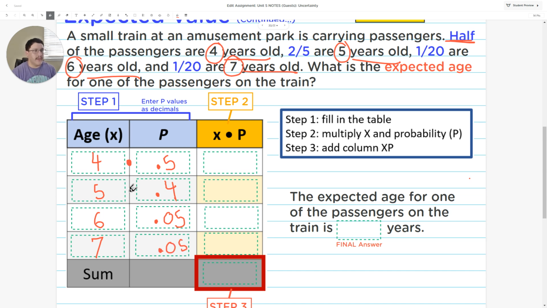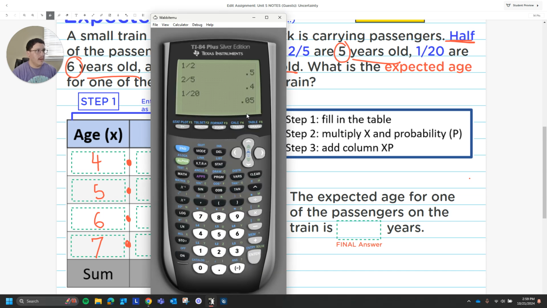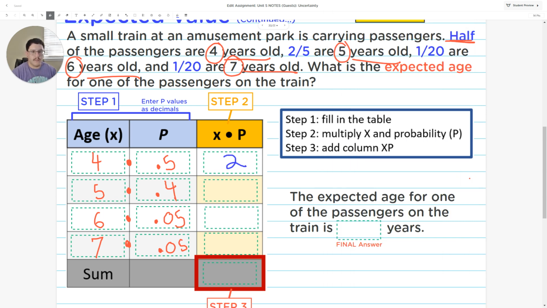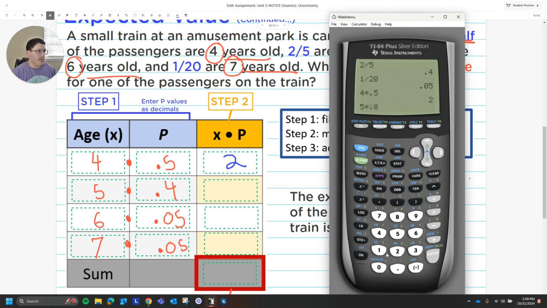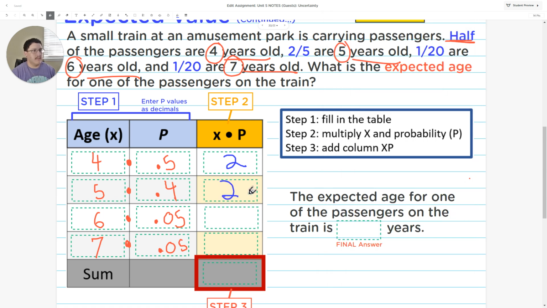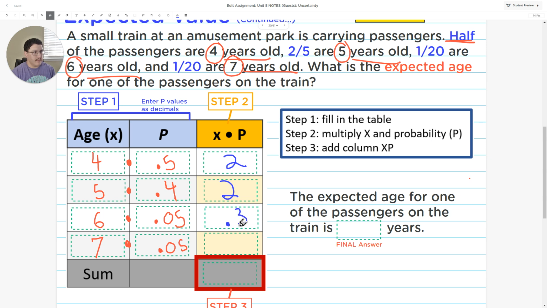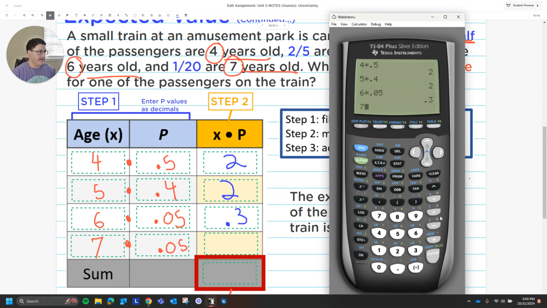Now, I'm going to take all these values, multiply them together. Four times 0.5 is 2. 5 times 0.4 is 2. 6 times 0.05 is 0.3. 7 times 0.05 is 0.35.